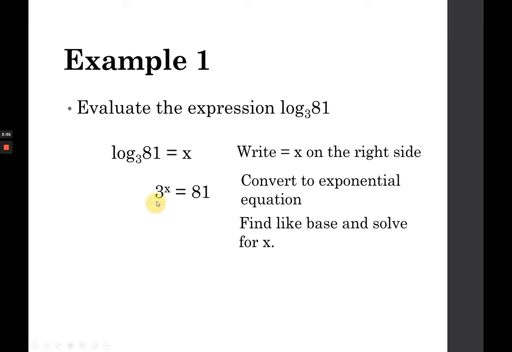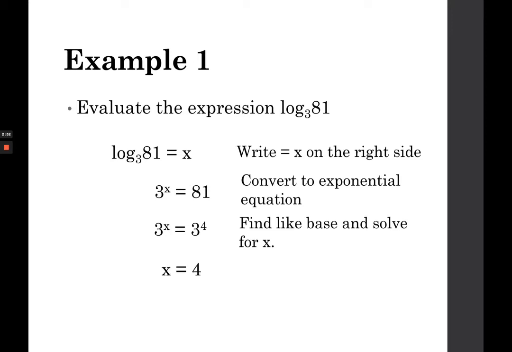There is no way that we can simplify 3 further, therefore we are going to find what value of 81 has a base of 3 to the power of a number. Actually, it's 3 to the power of 4. Now obviously they are like bases, 3 and 3, so we can just cancel 3 and 3, and we find right away the value of x.